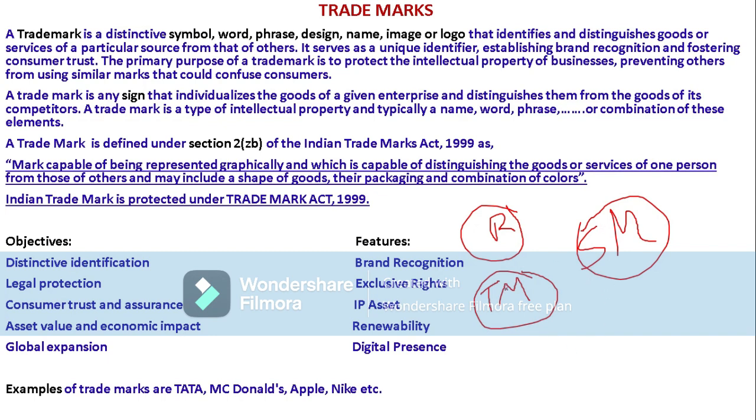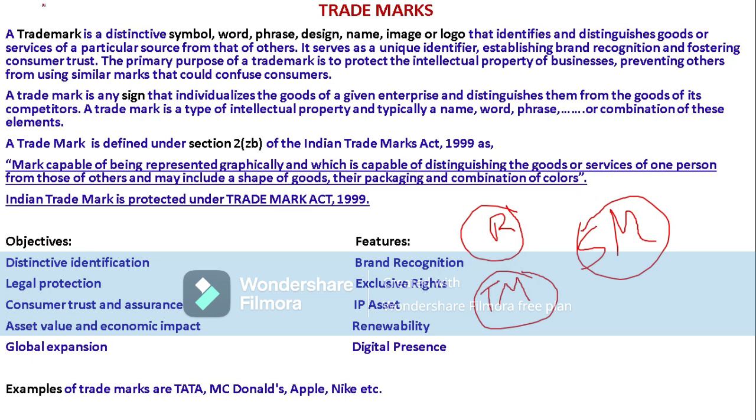Okay, we have trademarks separately for goods and products, and at the same time trademarks exist for services also. So if we see here, a trademark is a distinctive symbol.